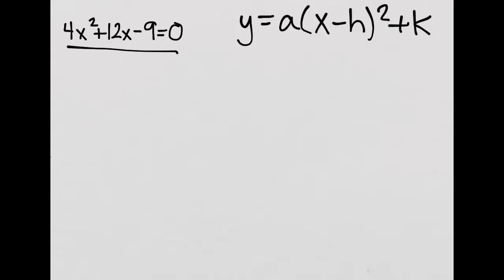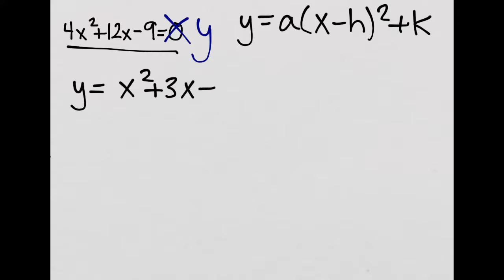So only in this case that would be equal to not 0 but y. You know, actually, let's make an easier example. So let's say y equals x squared plus 3x plus 7. Okay, let's say we want to put that in vertex form.